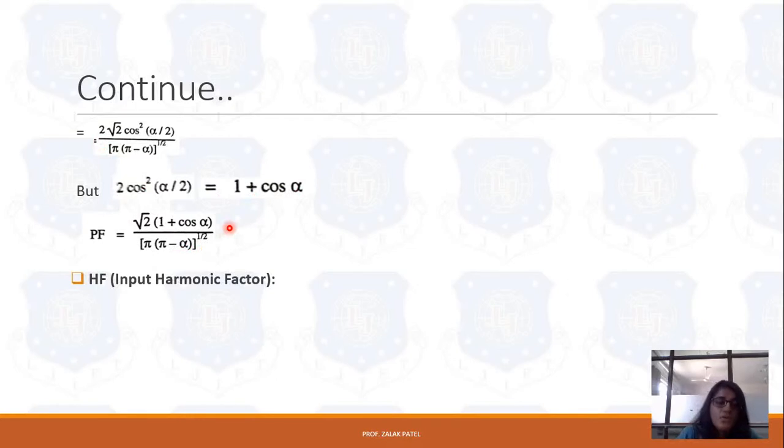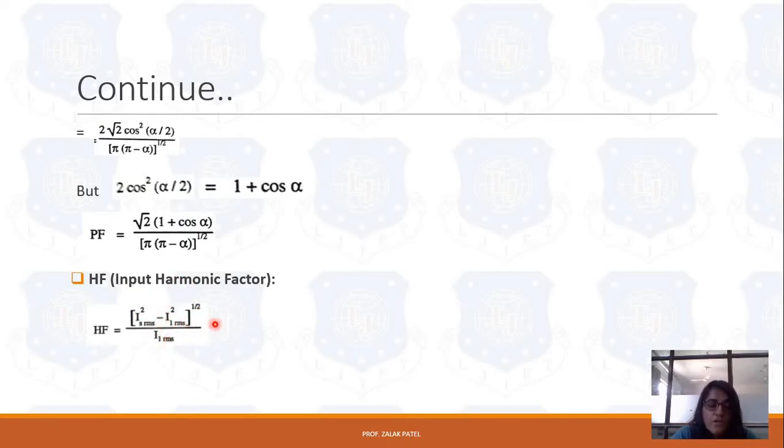Next is the input harmonic factor. Input harmonic factor is the ratio of the harmonic components of current to the fundamental value of supply current. So this is the harmonic component, IS RMS, meaning supply current, minus the fundamental value of that current component, divided by the fundamental value of the current component.